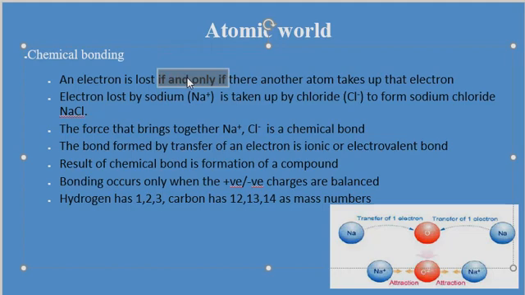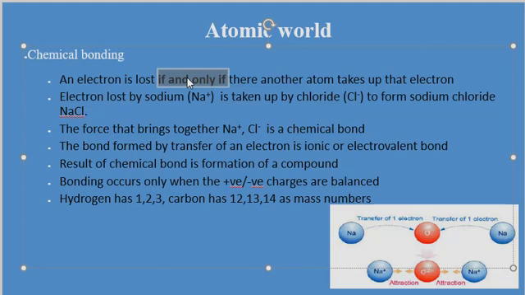The electron lost by sodium, so it becomes Na plus, is taken up by chlorine, which has become Cl minus, to form sodium chloride, NaCl. Once this forms, the sodium chloride becomes a bond.